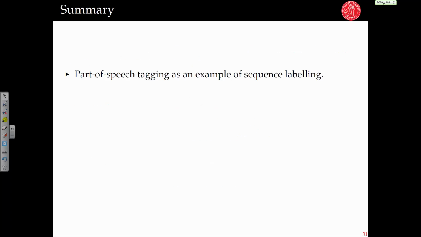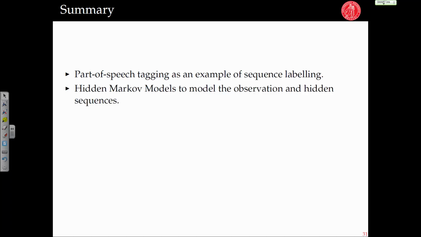And so a quick summary. We looked at part of speech tagging as a sequence labeling problem. In a sequence labeling problem, we are given an input sequence, and we want to predict a sequence of labels. We used hidden Markov models to model this structure of observation and hidden sequences.